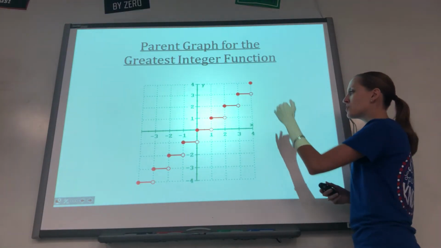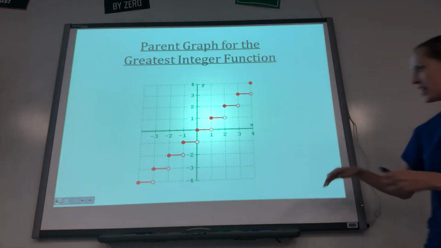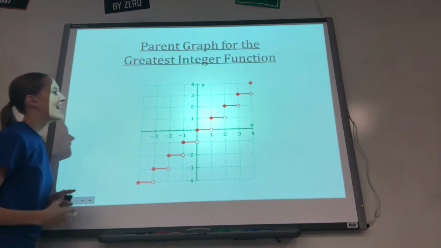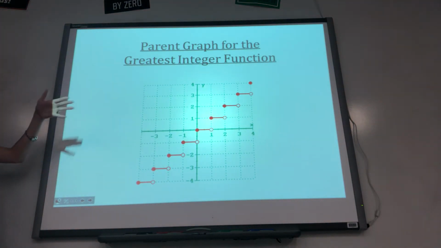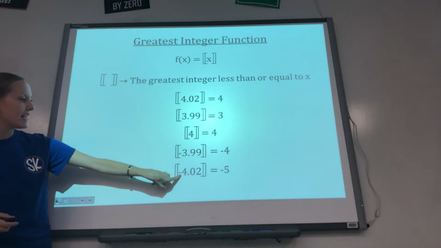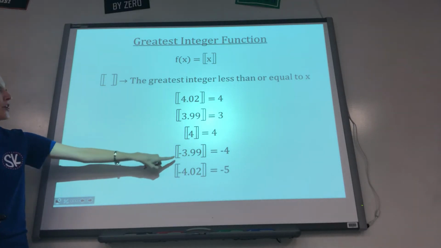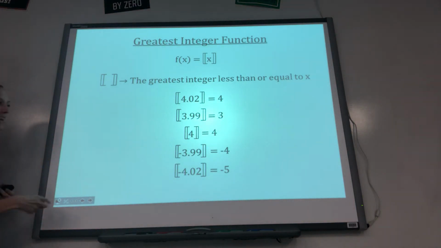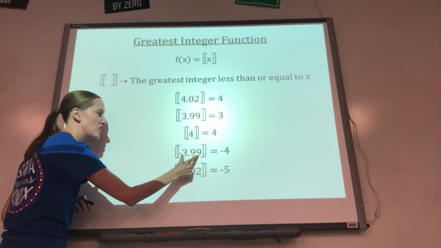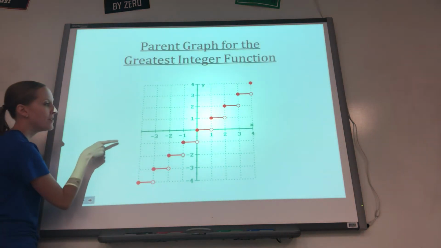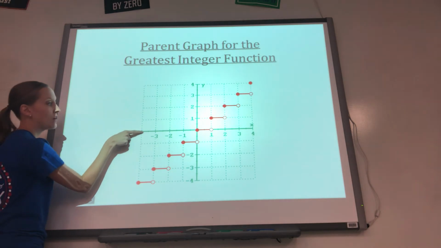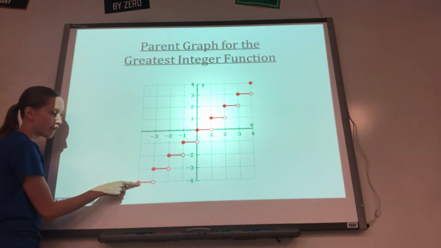But a lot of times we call it the step function just because these look like steps going up. And if you think about those numbers we were working with earlier, for example, the greatest integer less than or equal to negative 3.99, this is your x value, is negative 4. If you go to where negative 3.99 would be, you're down at negative 4.